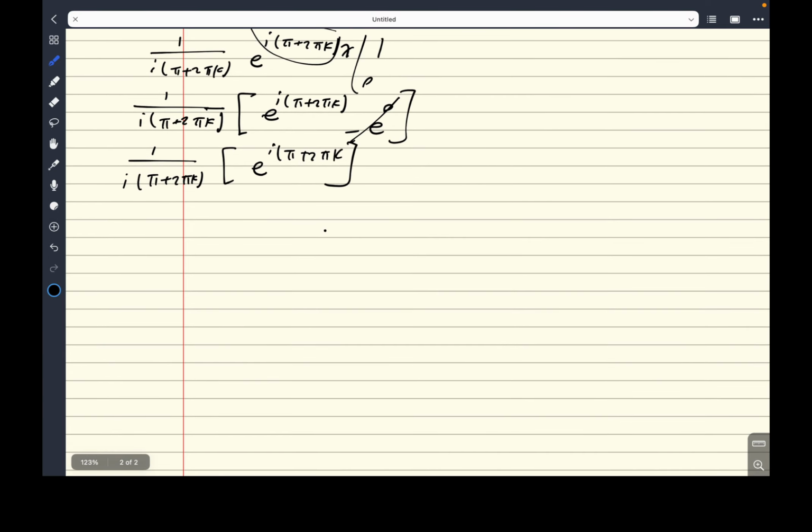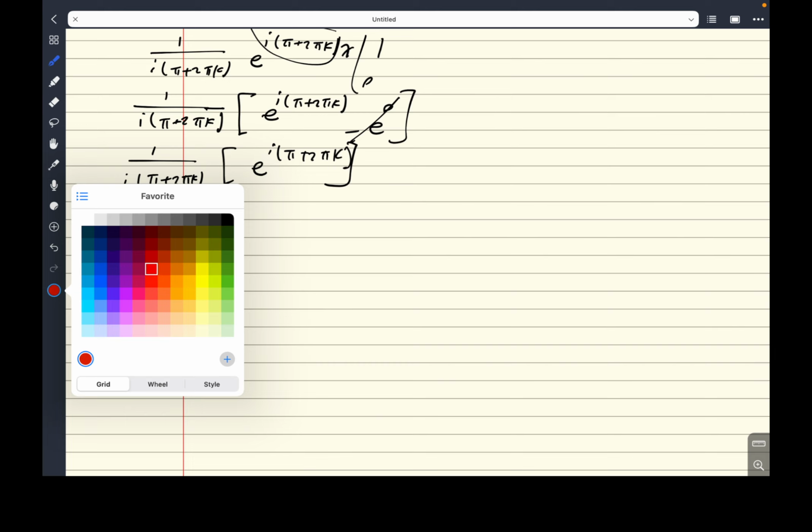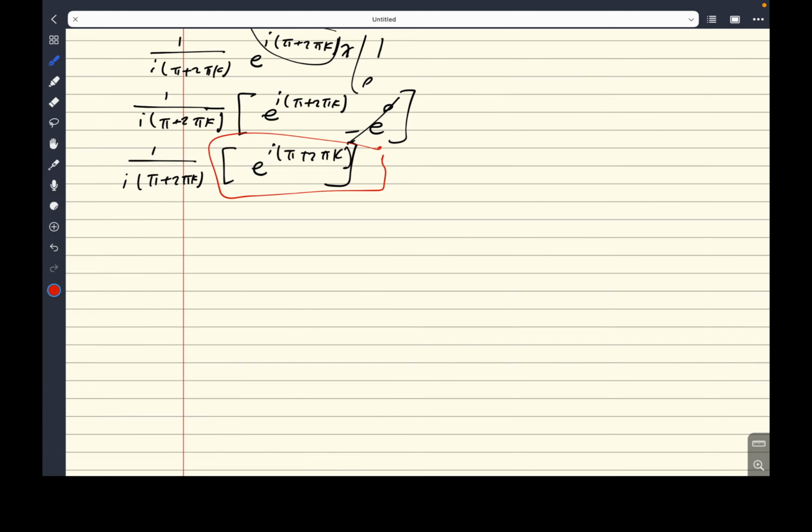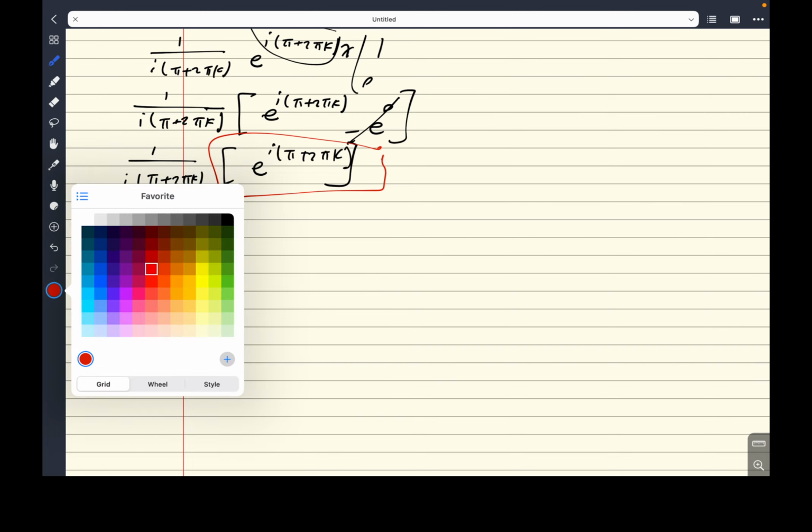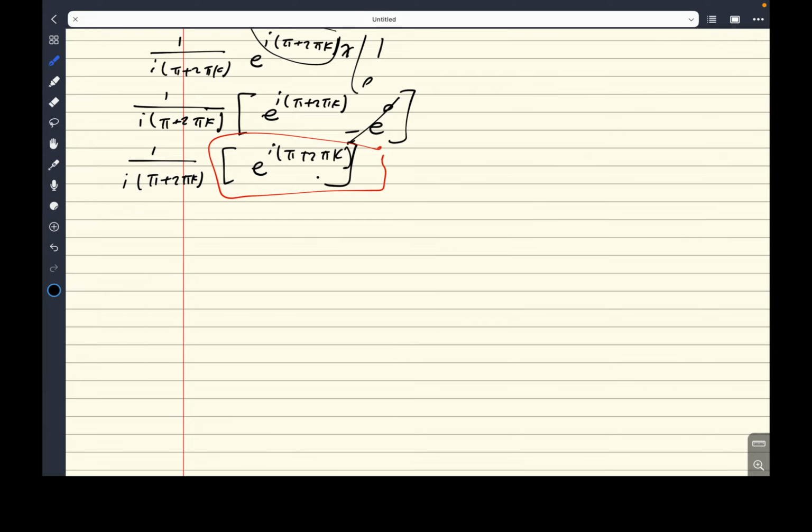Now, in this expression, if I take a closer look at e to the power of i times (pi plus 2 pi k), I'm going to see that this is exactly equal to my Euler's formula, and this expression is equal to -1. Oops, I forgot to place -1 here, so this thing should be subtracted from 1 like this.